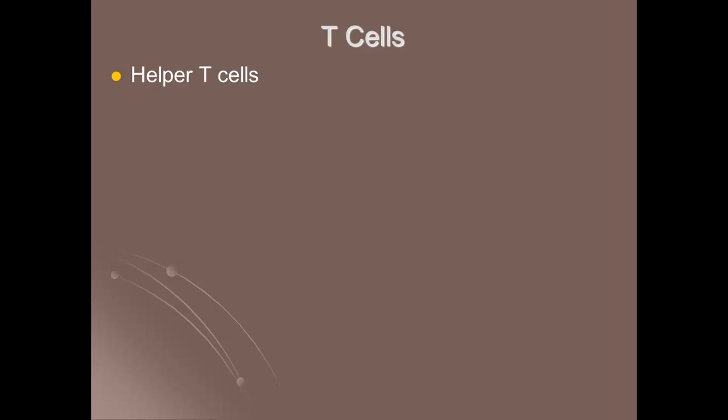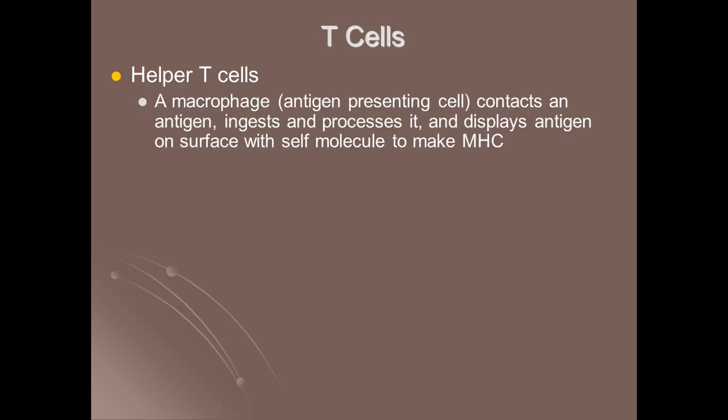A macrophage is also known as what we call an antigen-presenting cell, an APC. An antigen-presenting cell, such as a macrophage, comes in contact with an antigen and ingests it and processes it. So it eats it up and then it digests the antigen.